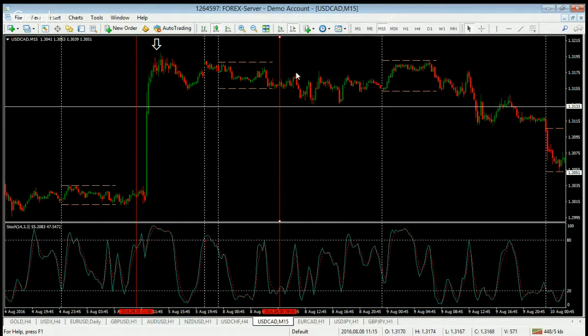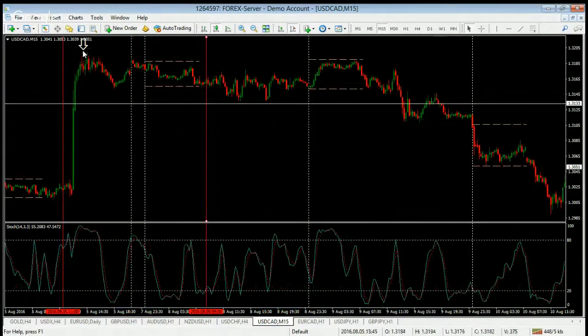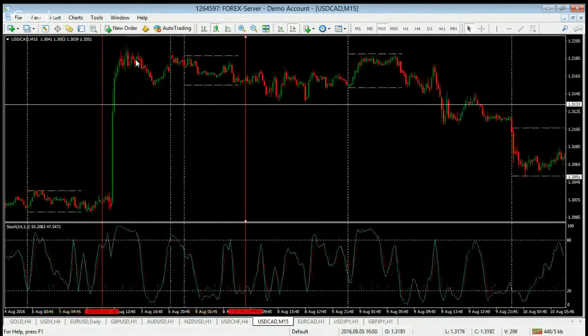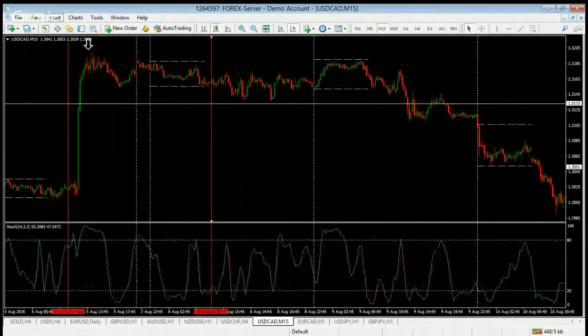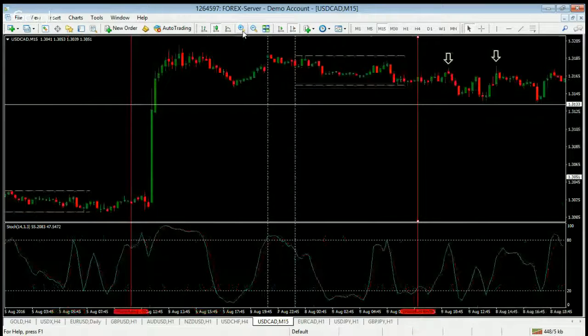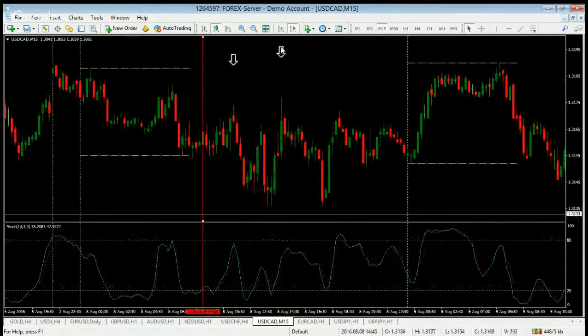So this high here. Since you are looking for a sell signal, this high here, you can see it's obvious.